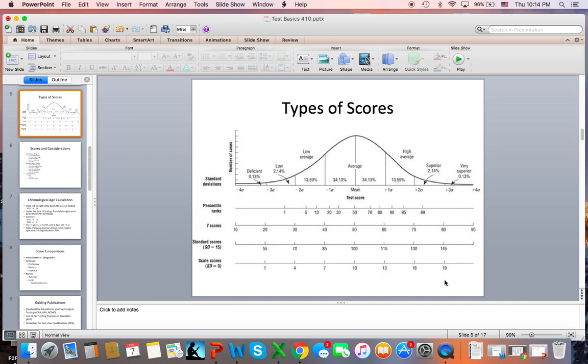Anything above 13 is going to be high average, superior. The qualitative descriptors really just depend on the assessment that you're using. 85 to 115 is the average range for standard scores. T-scores use a 10-point standard deviation, so 50 is the mean, 40 to 60 is the average range.